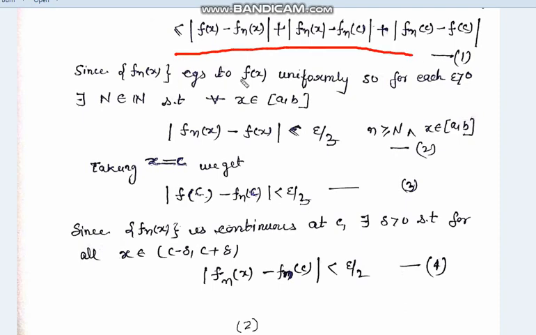Because the sequence f_n(x) converges to f(x) uniformly, by the definition of uniform convergence, for each epsilon greater than 0 there exists a positive integer, or natural number, N, such that for all x belonging to the closed interval [a, b], this inequality is always true. That means |f_n(x) - f(x)| is strictly less than epsilon by 3, for all x in [a, b] and for all natural numbers n greater than N. This is equation number 2.